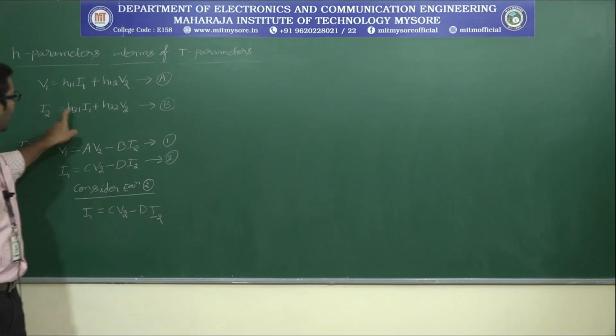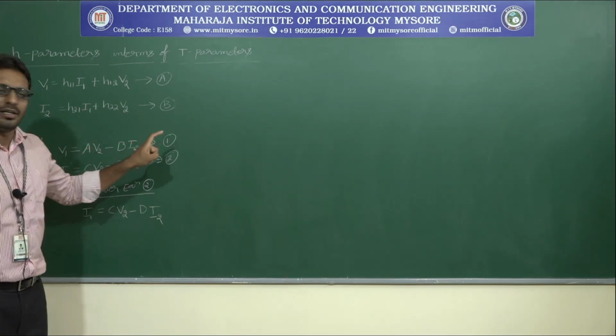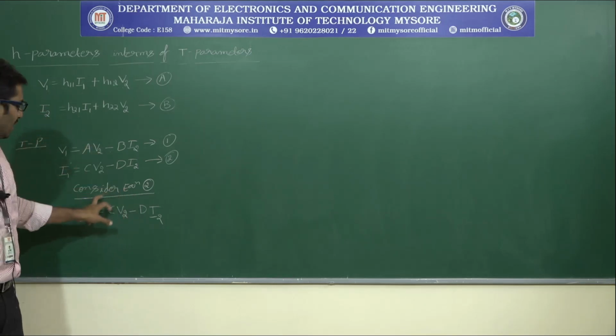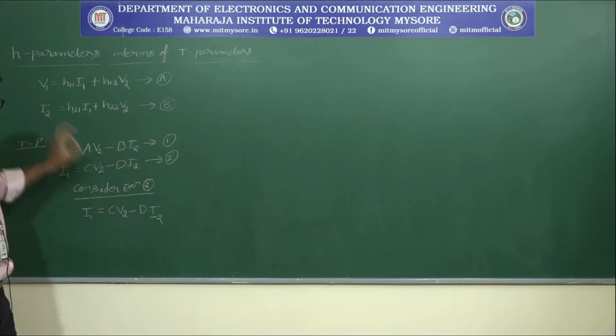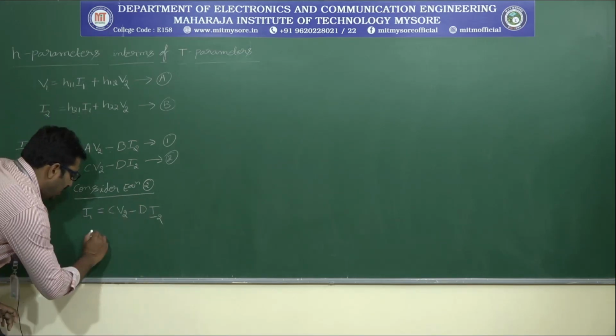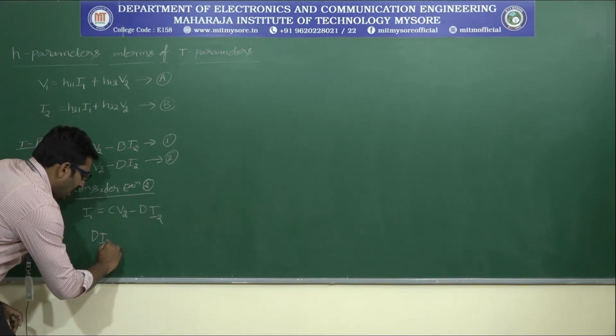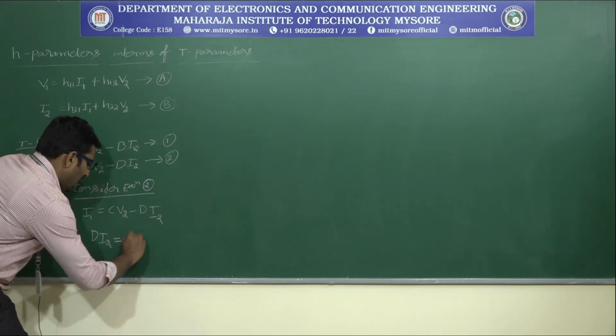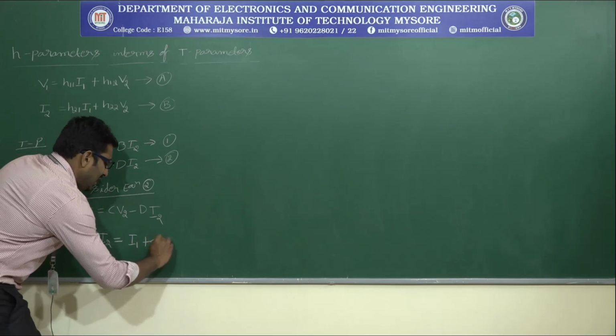I2 is equal to H21 I1 plus H22 V2. So get the expression for I2 from equation 2. Where is I2? Here. Now just shift this side: D I2 is equal to minus I1 plus C V2.